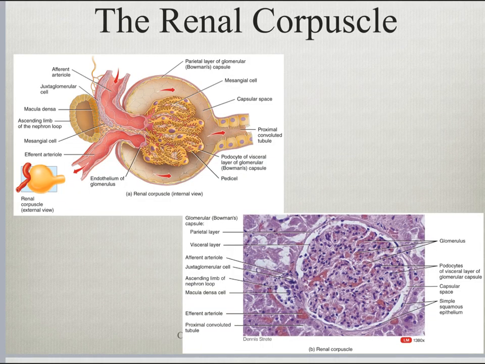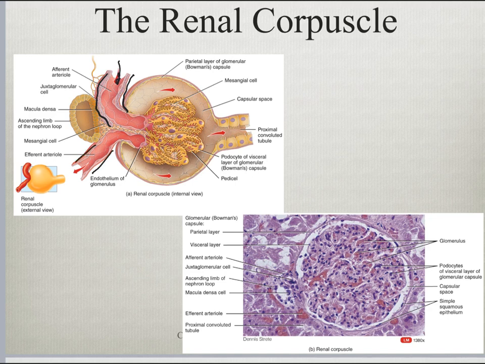We can zoom in and really take a look at this renal corpuscle, and we can see a couple things. If we go up to blood supply and look at blood coming in, a couple things to notice. Look how thick and wide and fat that afferent arteriole is versus the efferent arteriole, how thin it is.